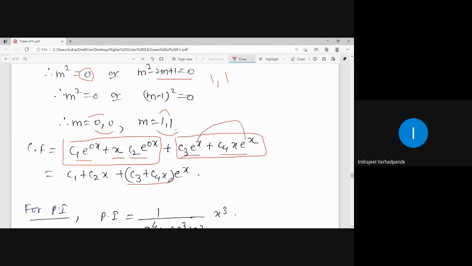What will remain in the bracket? c3 + c4 x. So that is the way of writing the complementary function.